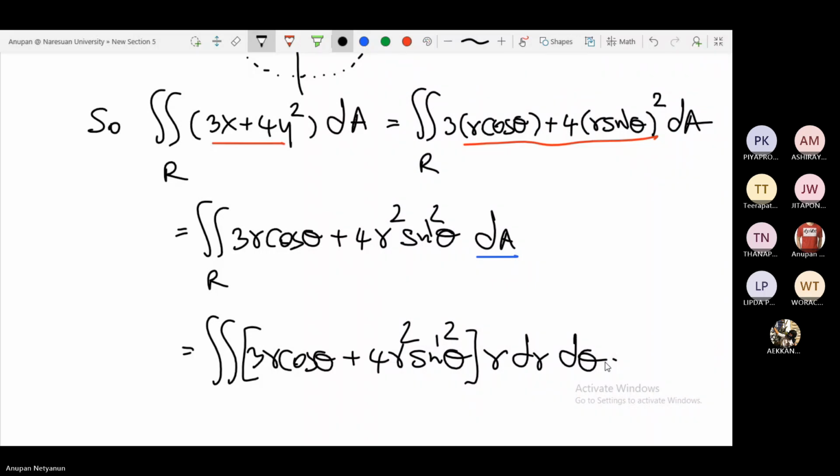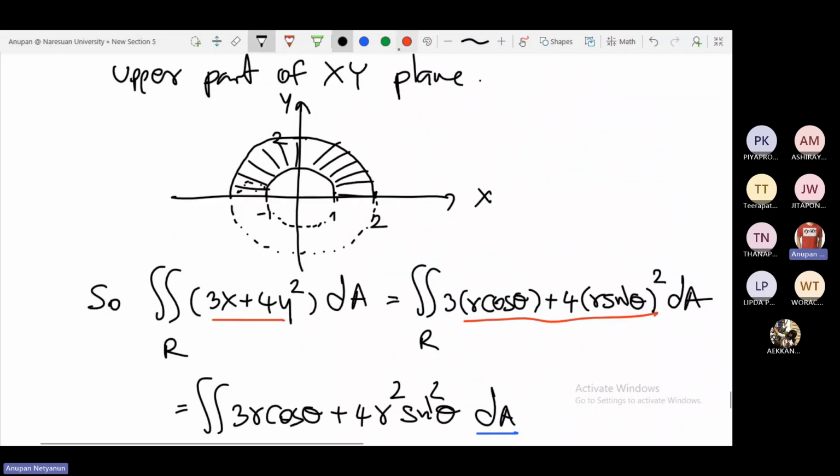Since I do the integration with respect to r first, I have to find the running numbers for r. To find the running numbers for r, your theta has to be constant, remember? Now I have to go counterclockwise at the angle of theta, and then it has to intersect the region, right?